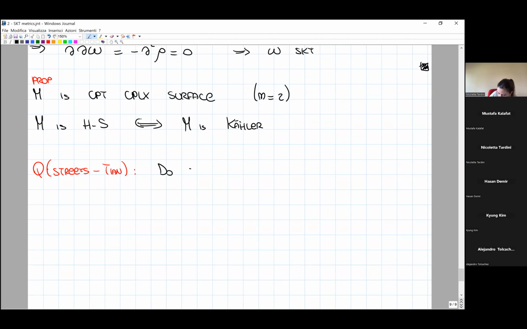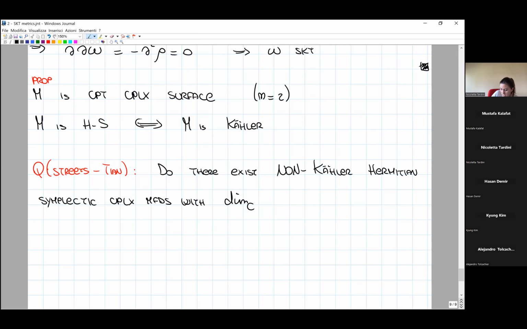So do there exist non-Kähler Hermitian symplectic complex manifolds with complex dimension of the manifold, of course, not 2, okay? So in higher dimension, this is still an open problem.